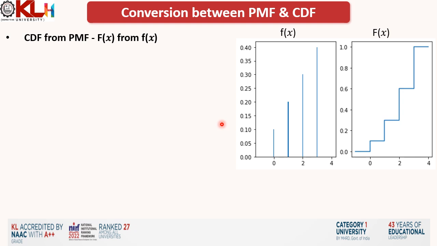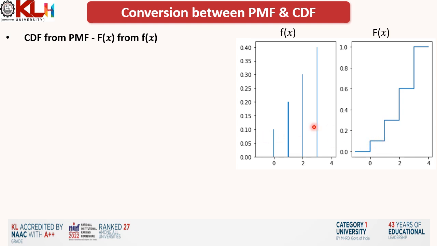Now if we want to calculate the CDF from here, we simply accumulate the PMF. So probability of X less than or equal to 0 is going to be the probability of X equal to 0, because below 0 the PMF is non-existent or 0. So the CDF at 0 is 0.1.